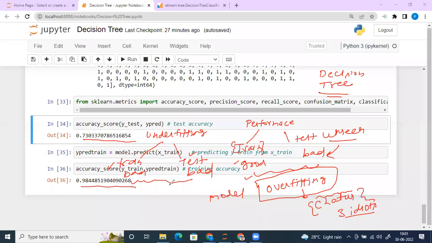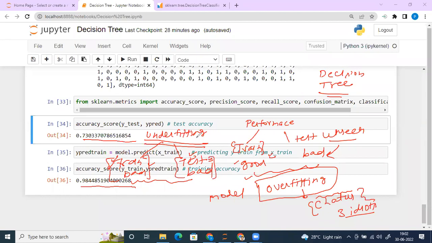Getting the point, everyone? So when your performance is bad on the training data and even on the test data, it is known as underfitting. Forget about the unseen data, you are not even performing on the training data. In overfitting, at least the training data performance is good, so it at least learns. Here it is not learning at all.